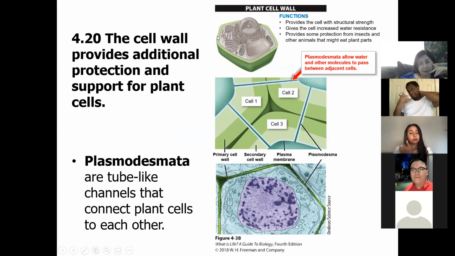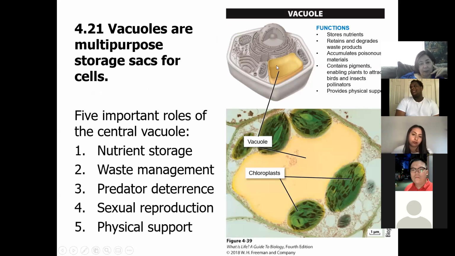That's about the animal cell. The plant cell has a cell wall, which is made of cellulose. We talked about cellulose. Plant cells have bridges that allow water to move from one cell to another. These bridges go between the cells through the cell walls. They're called plasmodesmata, okay? They're like channels that connect the cells. They have vacuoles. They store water, nutrients, and can be used for waste management.